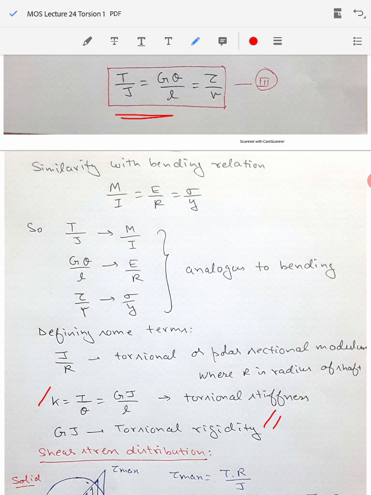There is a corresponding term in bending where we have the term E into I. E was the modulus of elasticity, I is the moment of inertia. What was that? It was flexural rigidity, right? So EI we defined there in bending as flexural rigidity. A comparable term here is called torsional rigidity, and its value is G into J.